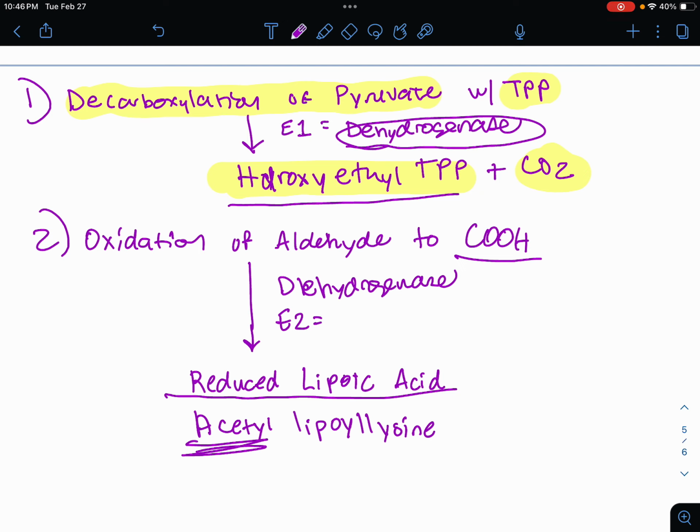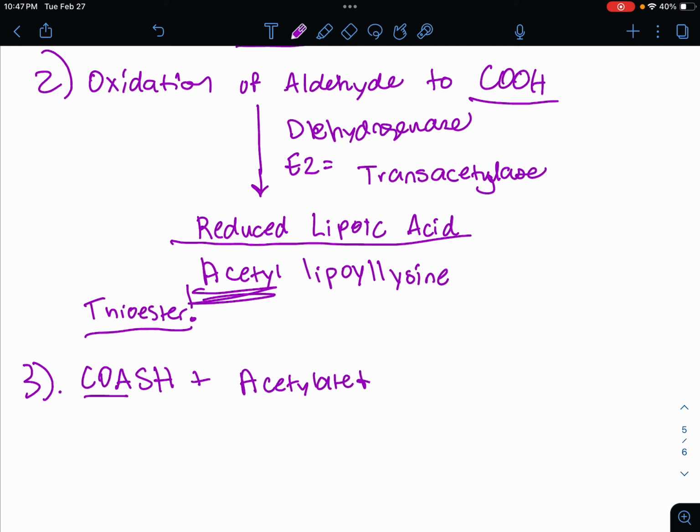Alright, step 3. This is where we're going to be making acetyl CoA. So we have our CoA, which is, again, a co-substrate. CoA is going to introduce that CoA part of that molecule. We have this SH as well on this coenzyme. So this is going to interact with the acetylated, sorry about that, I spelled that wrong with the T at the end.